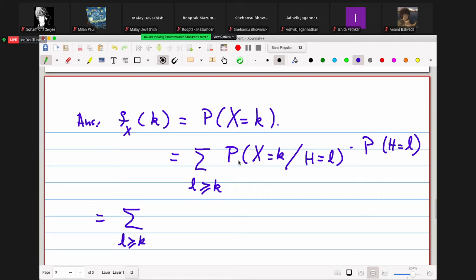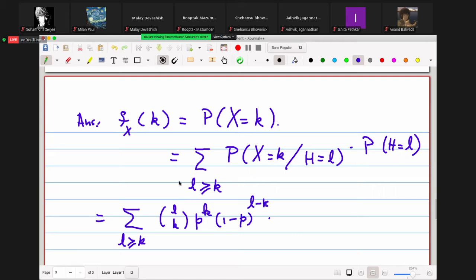Now this is easy to compute. You are tossing L coins, out of which k show heads. That is L choose k, p power k, (1 minus p) power L minus k, times the probability for the first toss, in which L of them have turned heads.